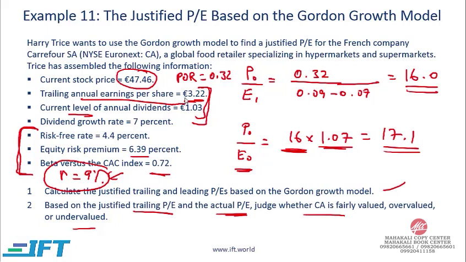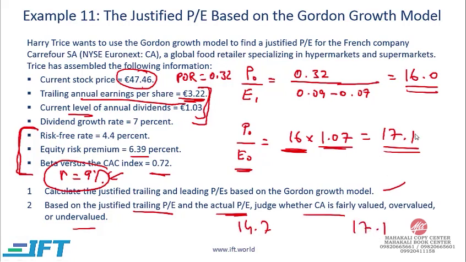Should you compare this with the leading or the trailing PE? This should be compared with the trailing PE because you are taking the stock price and dividing by E0, or the trailing earnings. So that number based on actual market price is 14.7.